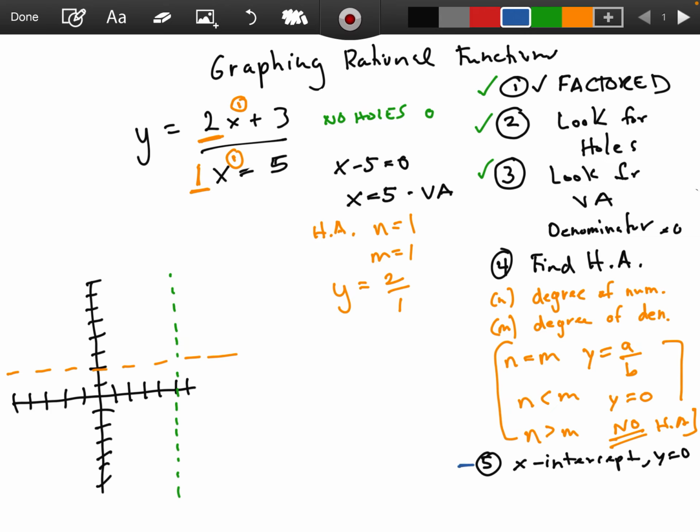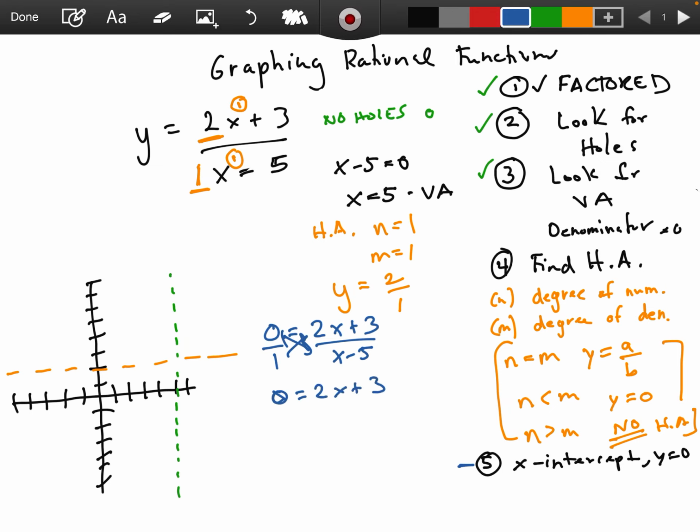So if I set y equals 0, I have 0 equals 2x plus 3 divided by x minus 5. And I really have a fraction equaling a fraction, right? It's weird writing it 0 over 1, but it's what I have. So when I cross multiply, I end up with x minus 5 times 0, which means I have 0 equals 2x plus 3.